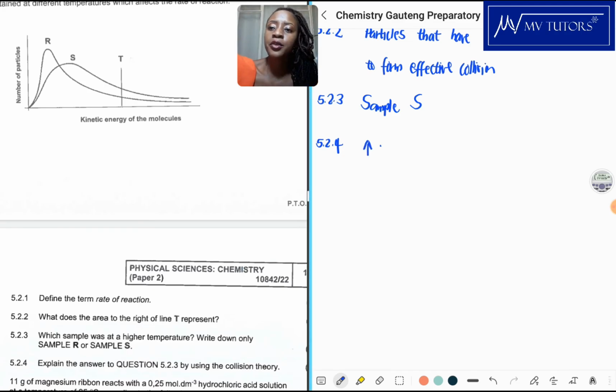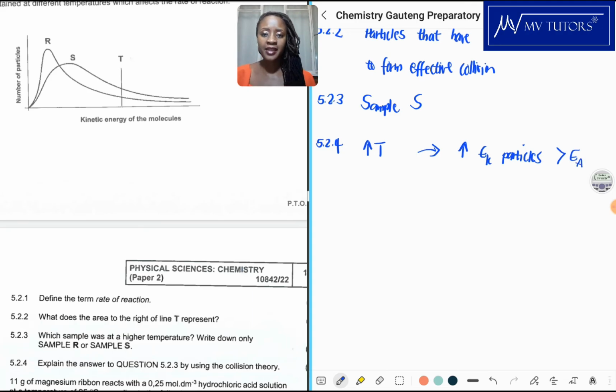Well, whenever you increase the temperature, you are giving the particles energy. So the higher the temperature, that results in an increase in kinetic energy of the particles. And they continue to get energy to such a point that that energy is higher than the activation energy. And once it is higher than the activation energy, it goes past line T, and we have more effective collisions.